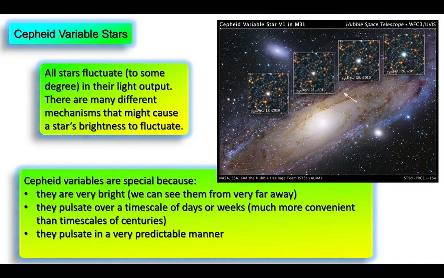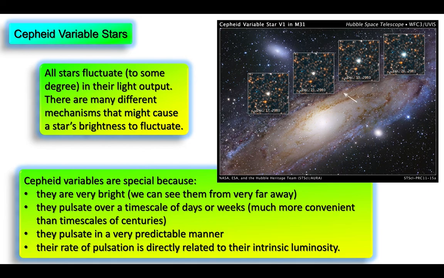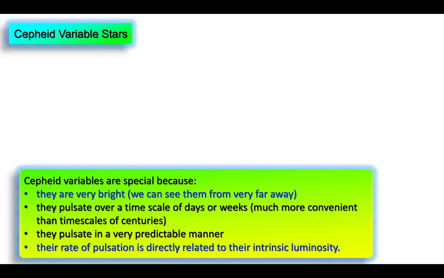Cepheid variables also pulsate in a predictable manner. They are not erratic in their light output, so they are predictable. And another very important property of a Cepheid is the rate of pulsation is directly related to the inherent brightness of that type of star. So let's focus on these two.